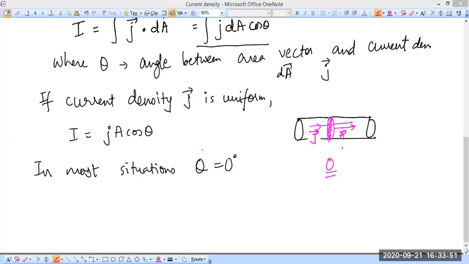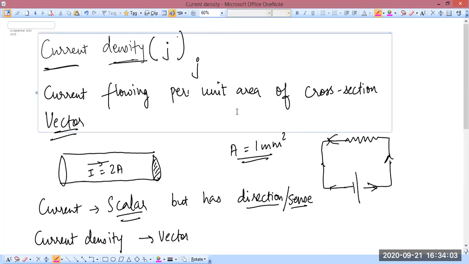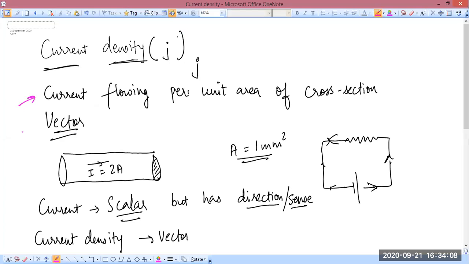Okay, so let's continue. Current density is current per unit area, right? That's the definition. So current density is current per unit area only, there is nothing else.